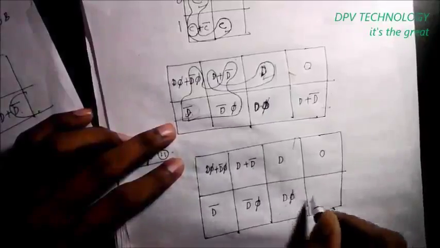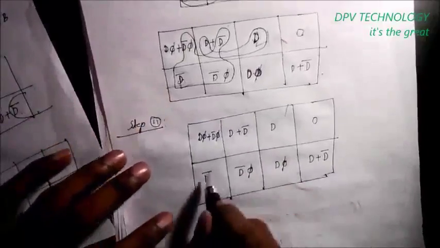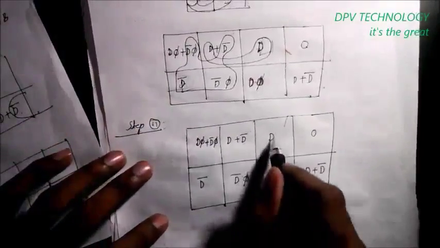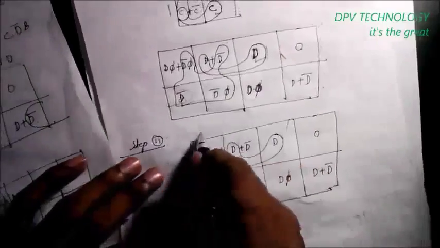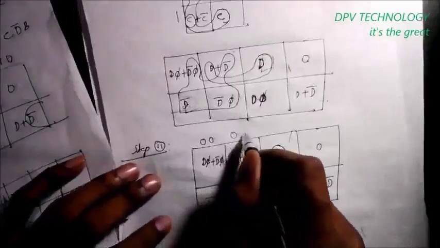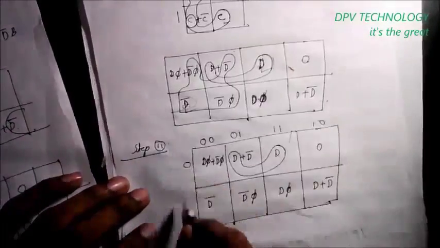I'm going to show you by making some space here. It will be D, so make one group here. Let's put the variable values here also: 0 0 0 1 1 1 1 0 0 1.